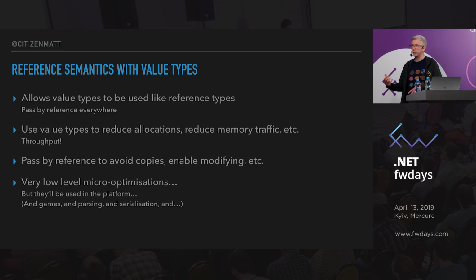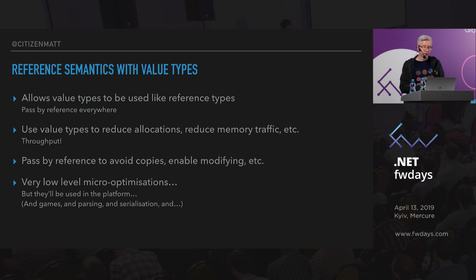And that's exactly what this set of features does for us. So basically, it allows us to use value types in the same way that we would use reference types. We get to pass by reference everywhere, basically, which is very, very useful. We can now replace some of our reference types with value types. And this allows us to reduce our number of allocations. Reducing the allocations then reduces the memory traffic, which can then reduce the number of garbage collections, which can then obviously improve our throughput.